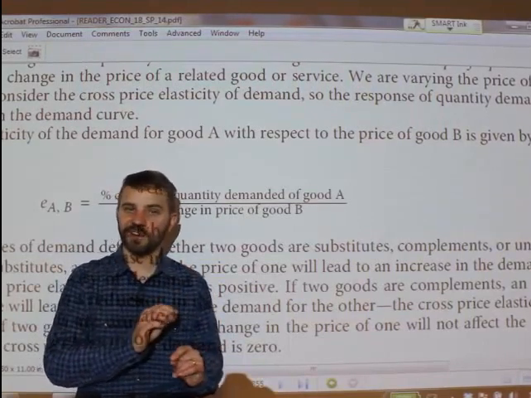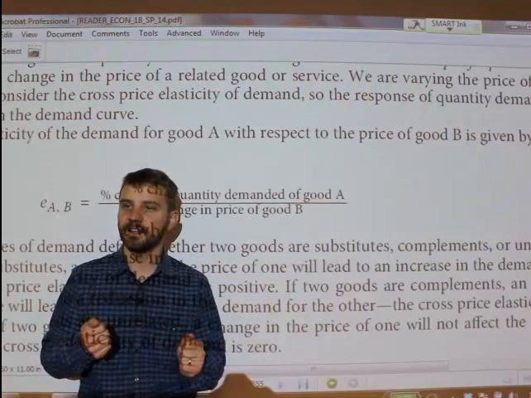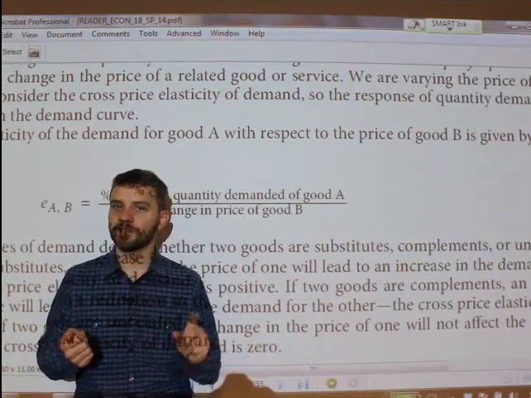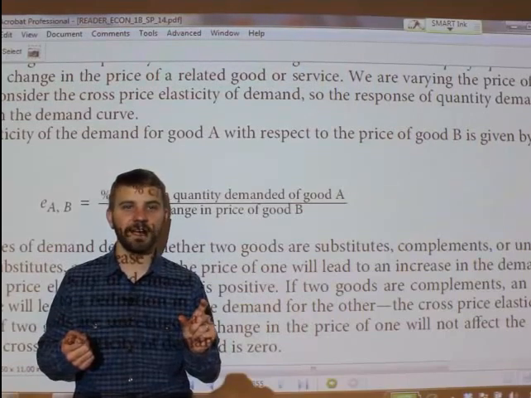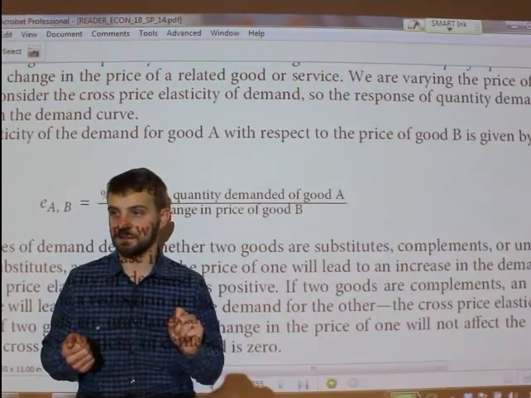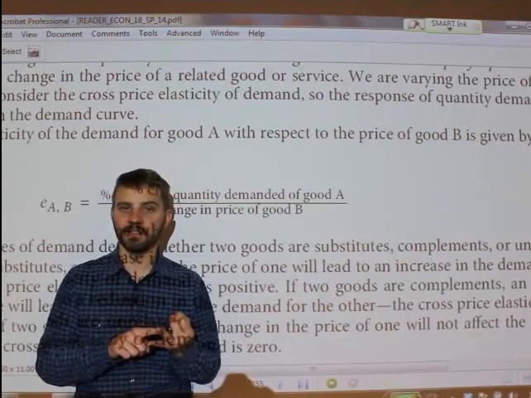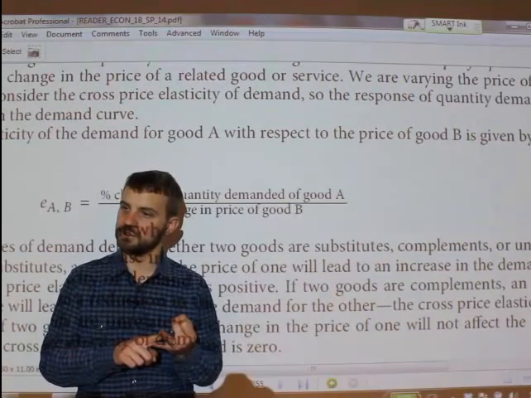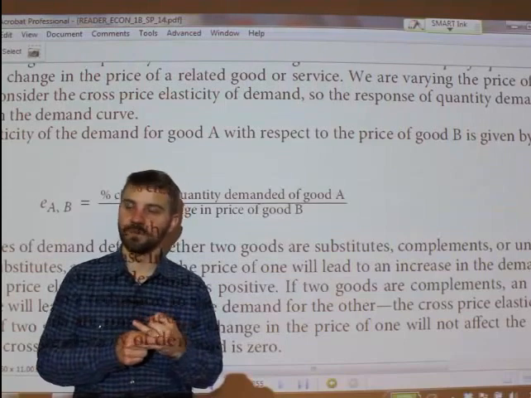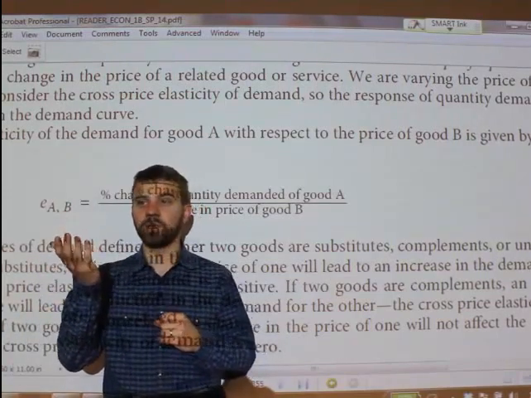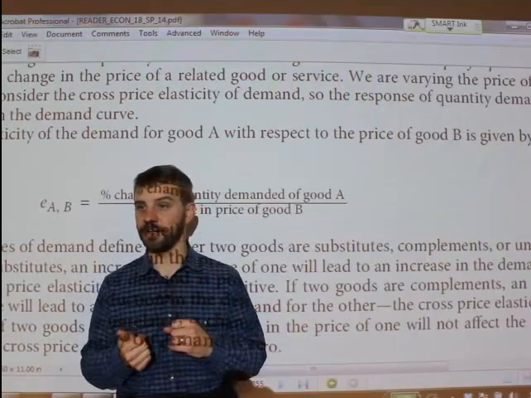So a very important cross-price elasticity that transportation economists are interested in is, what's the cross-price elasticity of transit rides with gasoline prices? So driving and taking the bus are what? Complements or substitutes? Substitutes. And so if the price of gasoline goes up, people are going to be more likely to take the bus, right?